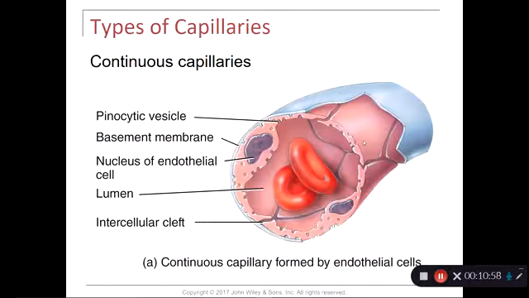There are 3 different types of capillaries. There's the continuous capillary, which is mostly found in tissues that need a really tight barrier, that are very selective. So your blood-brain barrier is one that would have a continuous capillary. You would also find it in your lungs, as well as your skin and muscles.